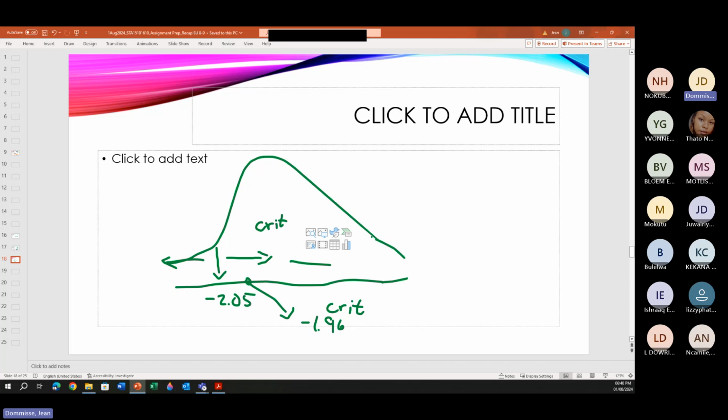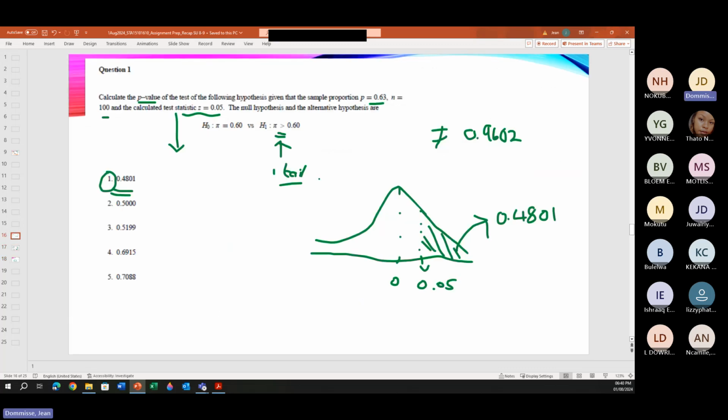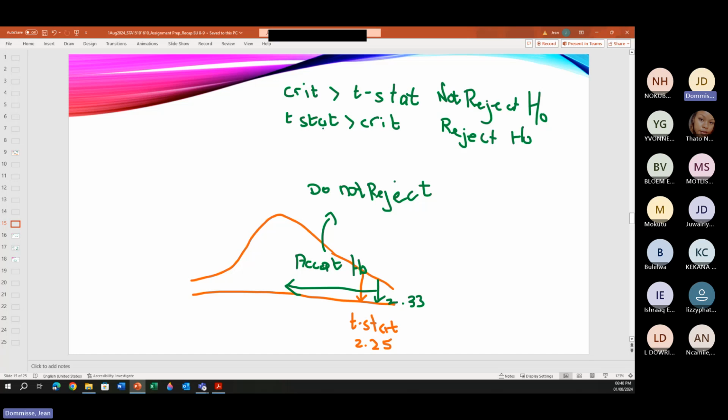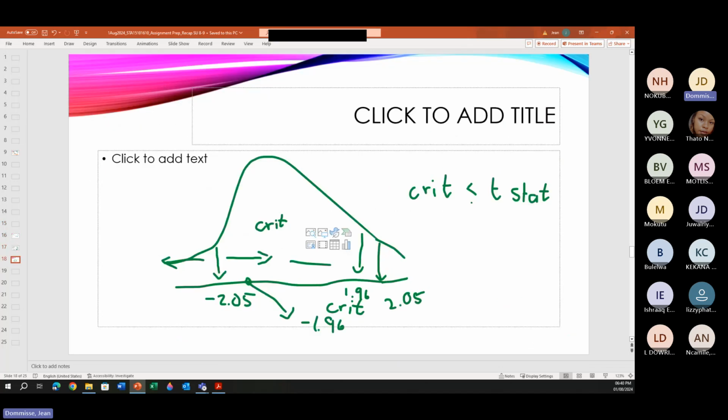So if it was on the positive side, the test statistic would have been 2.05 and your critical value would have been 1.96. So critical is smaller than your test statistic. Okay, so if that is true, what happens? Critical smaller, we reject the null hypothesis.